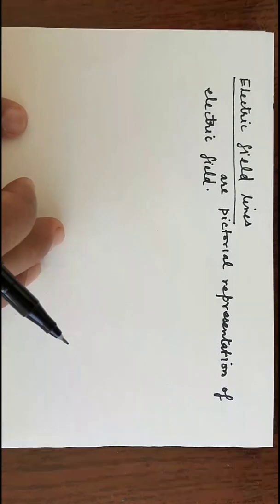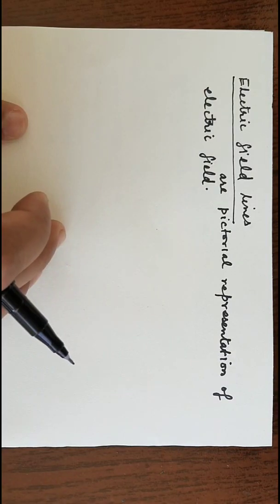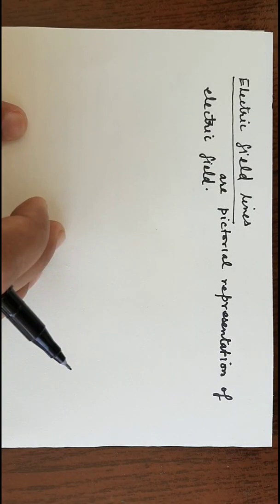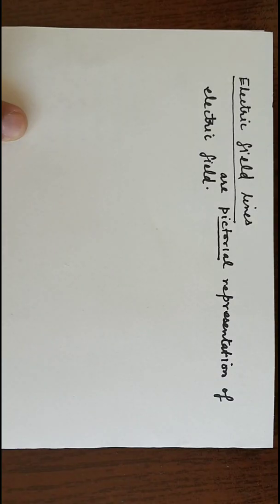In this video, we will discuss electric field lines. Electric field lines are the lines which represent the electric field around a charge, or it is a pictorial representation of an electric field.